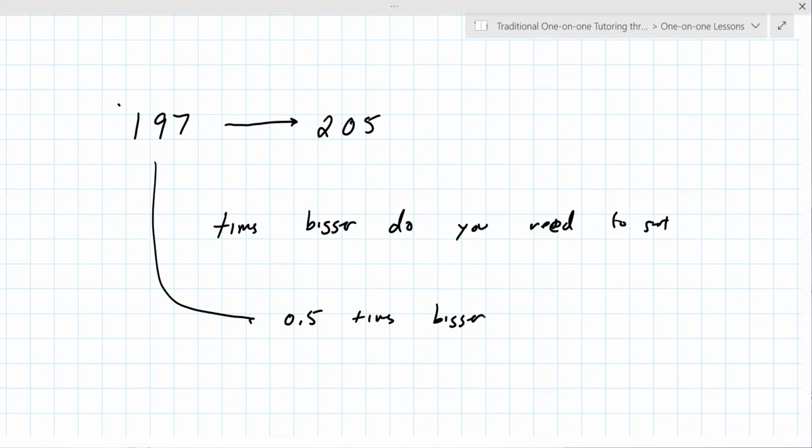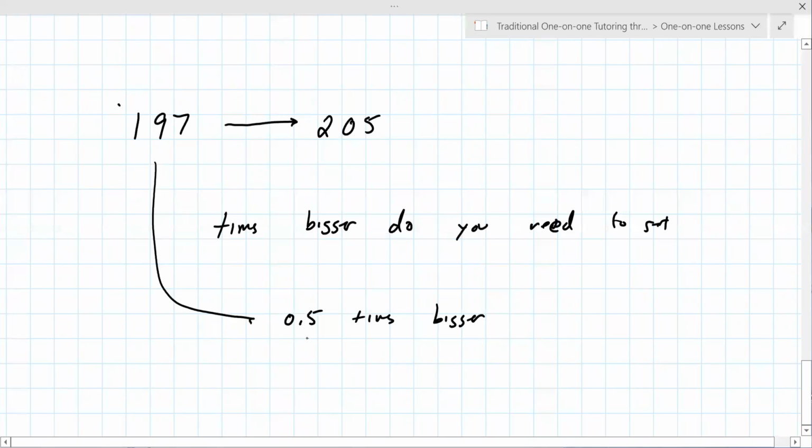Probably like 190. No, 0.5, half. You'd be about 100 pounds, roughly. So it's weird, but one times bigger does not mean double.